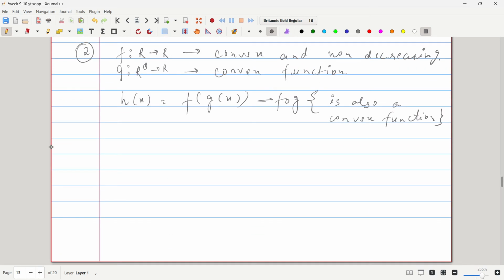Now, the third property is: your function f belongs to R^d to R and f(x) is a convex function, and your g from R^d to R is linear.